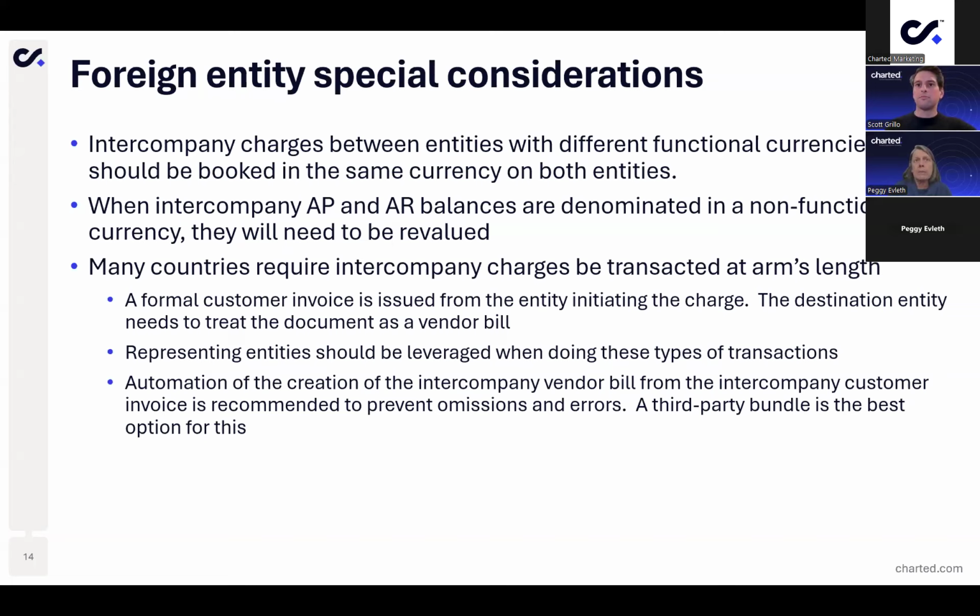When an intercompany AP or AR balance is denominated in a currency that is not the functional currency of the entity, it is subject to revaluation. You can double check ASC 830 all you want. It views those as monetary assets and it says you should revalue. And that can get ugly because the P&L on that goes below the line on your income statement.